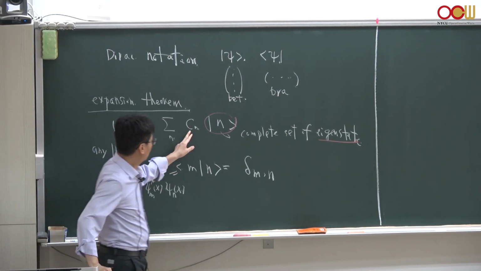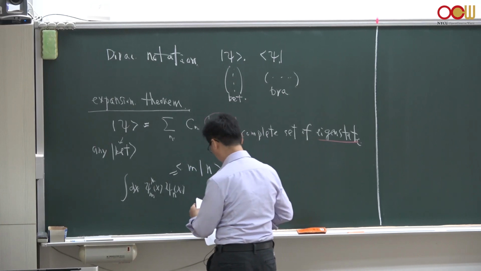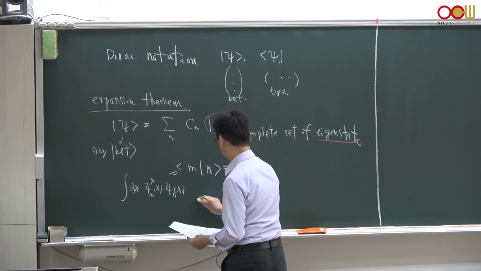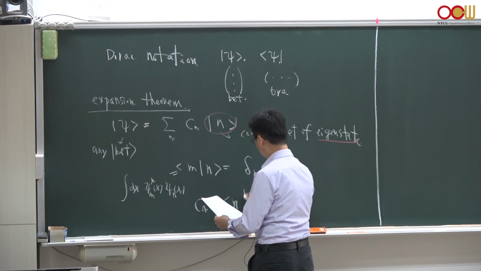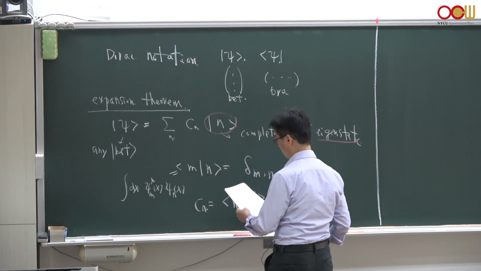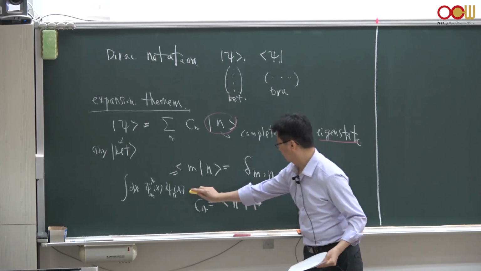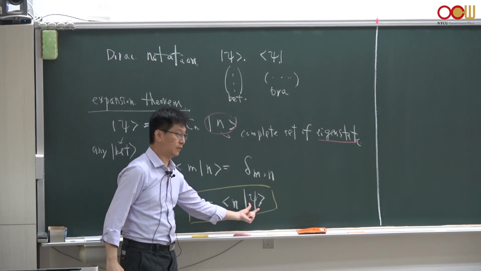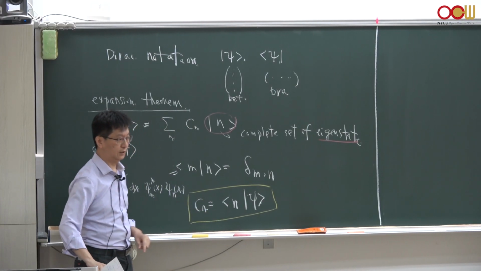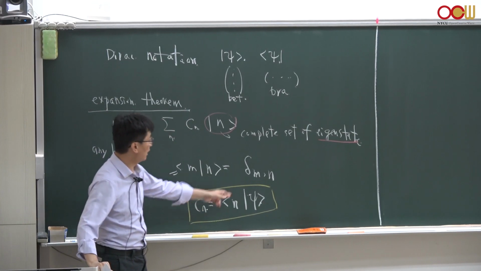So what is the coefficient Cn? If you apply this orthonormalization condition, it is given by the inner product between the Dirac bra state n, where n is the eigenstate, and the ket state psi.